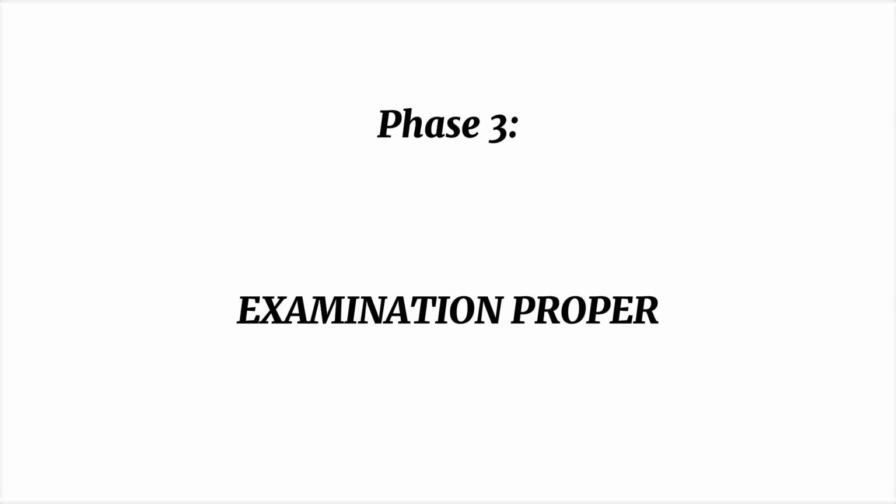The examiner then poses the prepared questions to the subject, typically multiple times, while recording the physiological responses. The examiner focuses on the data collection, avoiding any interpretation during this phase. It ensures objectivity and minimizes bias in the subsequent analysis.